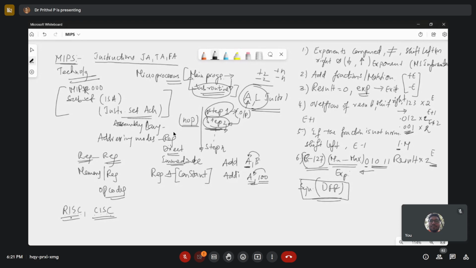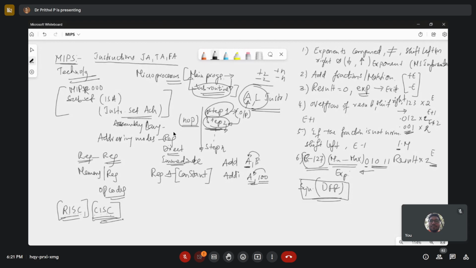Okay, somewhere in the 70s and 80s, Intel and Motorola people started developing this type of addressing modes, and that was again converted into a complex set of instructions. And the deviation is how many addressing modes they have.